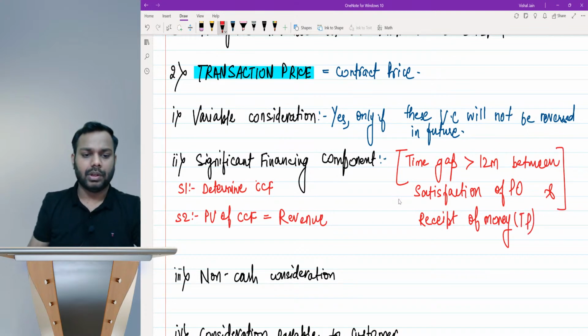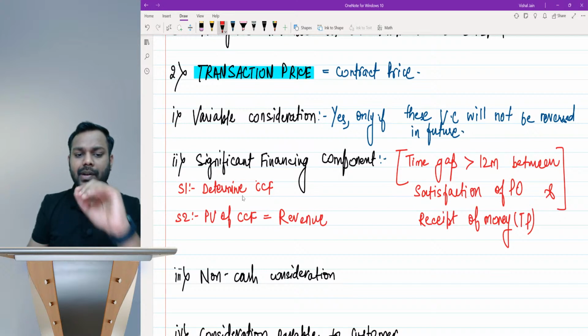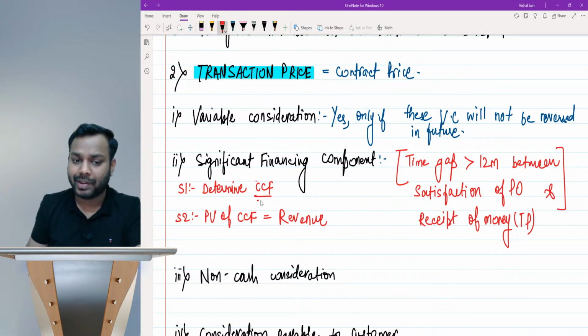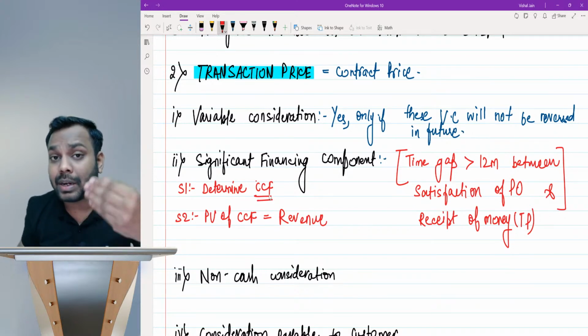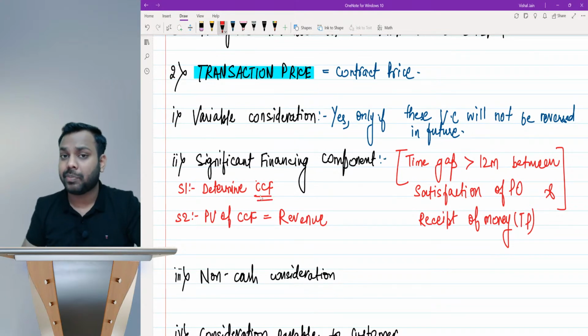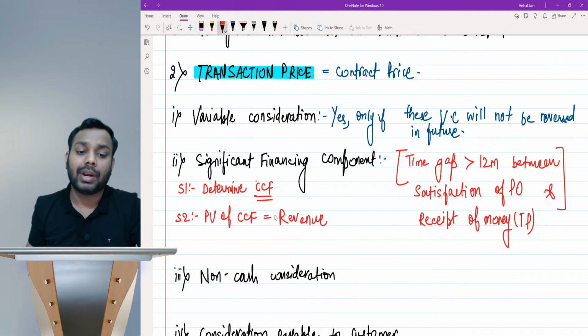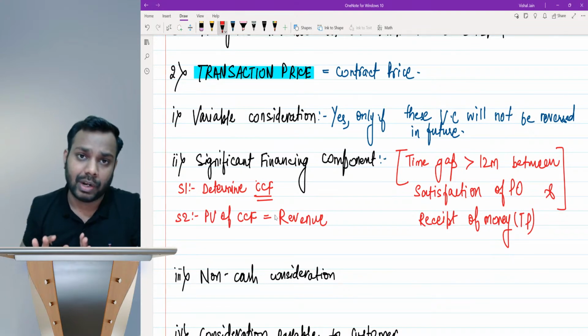Now, how will you determine revenue? Determine the contractual cash flow, basically what the customer is paying under the contract, and then calculate the present value of that. That is your revenue.